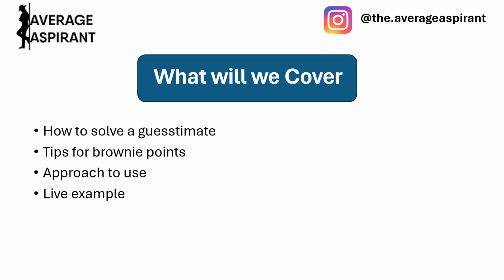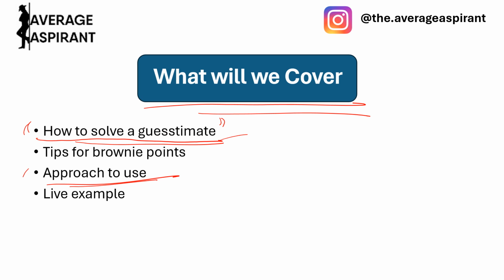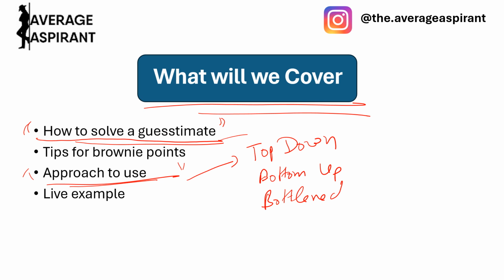So what will we cover in this particular video? We will see how we can solve a guesstimate. I'll tell you which approaches you can use. In the previous video I told you about three approaches, which are top down, bottom up, and bottleneck, and I also explained what these mean in the first video.